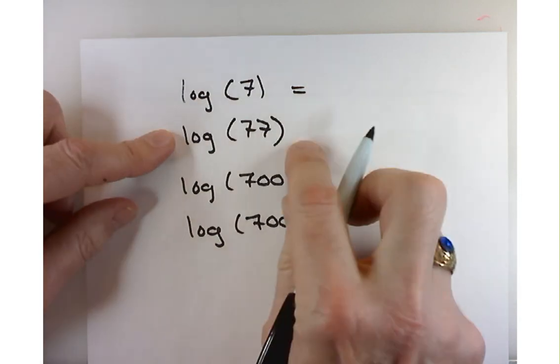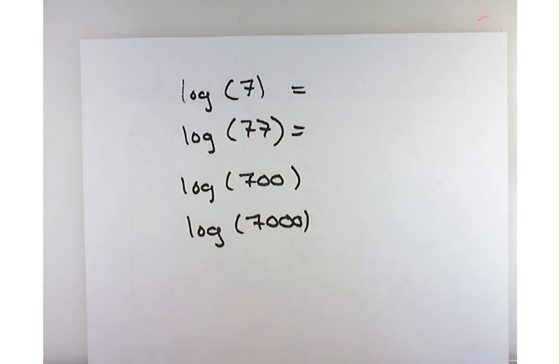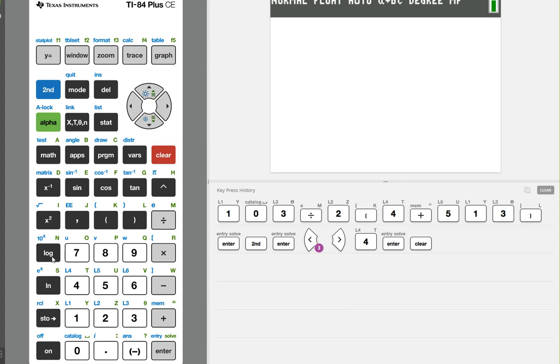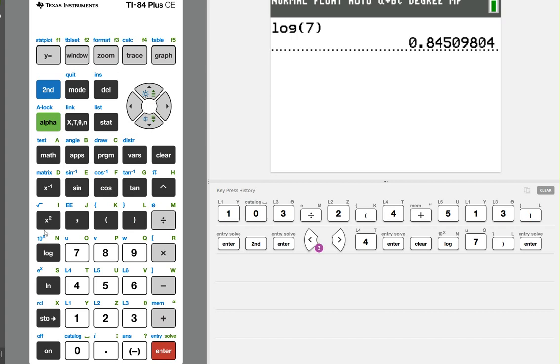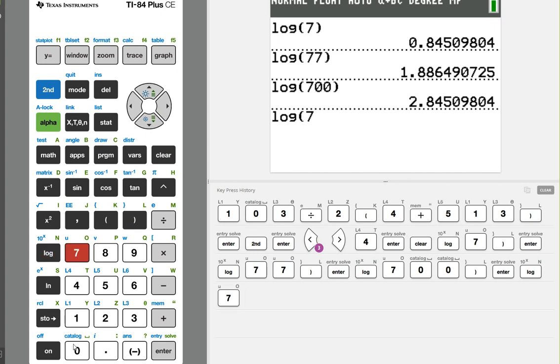The next is going to be a number between 1 and 2. Let's actually get those numbers. Log of 7, log of 77, log of 700, and then log of 7,000.